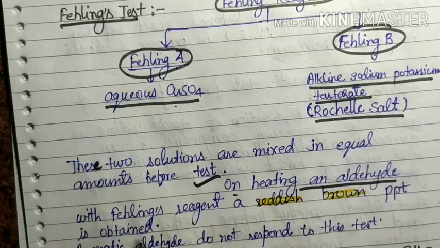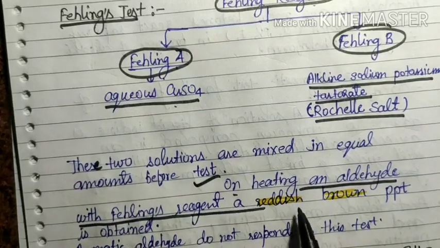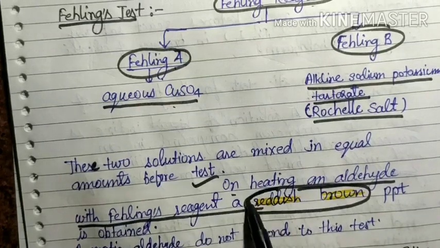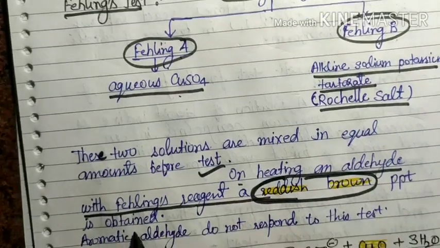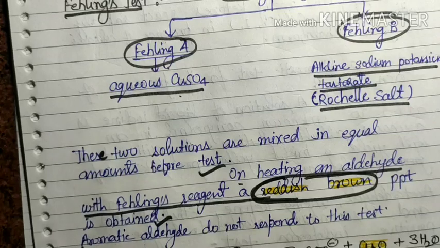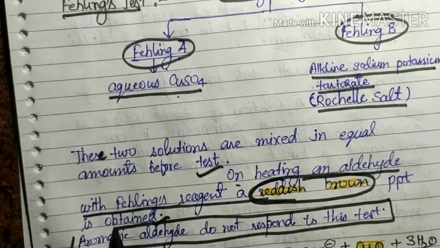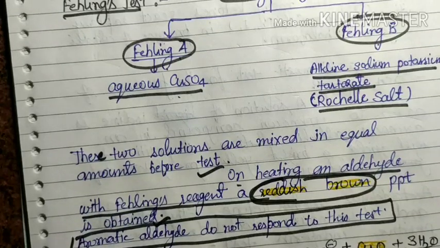On heating an aldehyde with Fehling reagent, a reddish brown precipitate is obtained. Aromatic aldehydes are important here: they do not respond to this test.